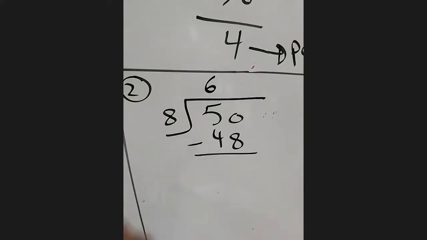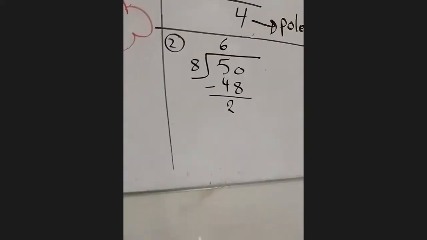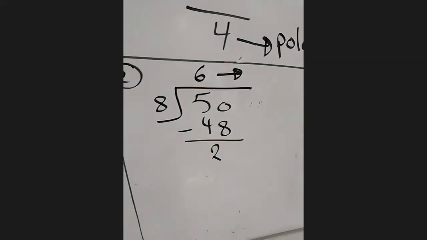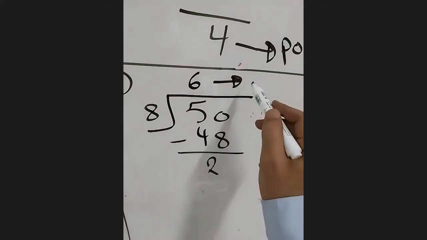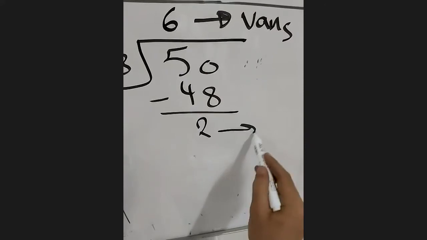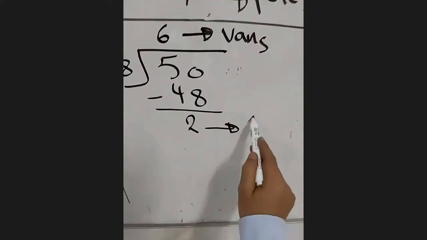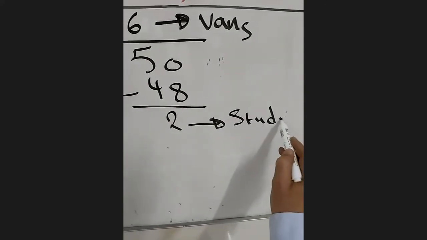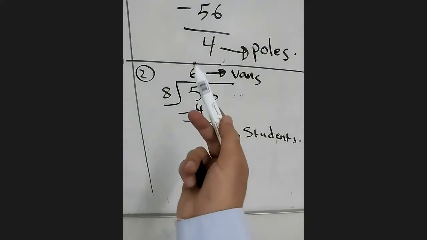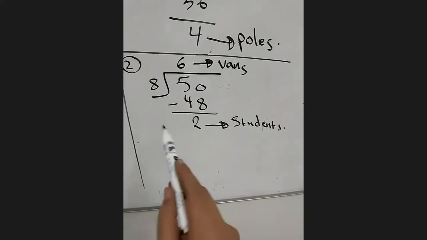Subtract, equals 2. What does the 6 mean? 6 what? 6 vans, right? And this 2, the remainder, for what? Students. Excellent. So look here, guys, we can take 6 vans and still have 2 students without a van.